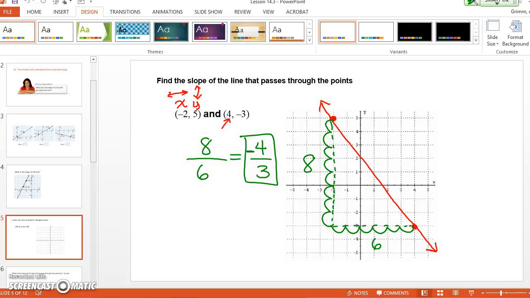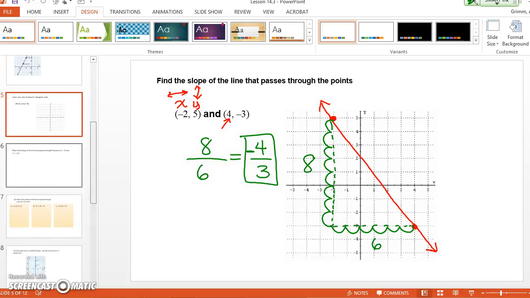Negative. Remember, the negative can go in the top, the bottom, or out front. I do not need to change these into mixed numbers because slope is just fine being improper. So you can leave that as -4/3. It's actually preferred. We will never do that next year, so unless it specifically says to put it in a mixed number, I would not.